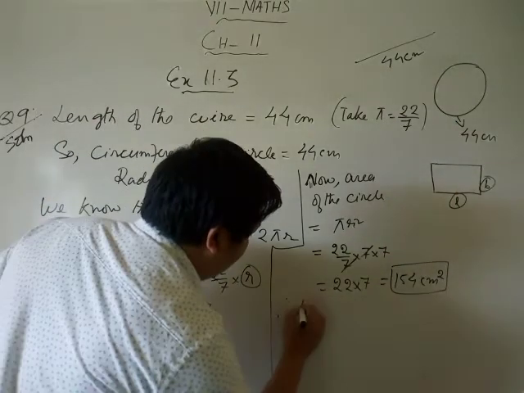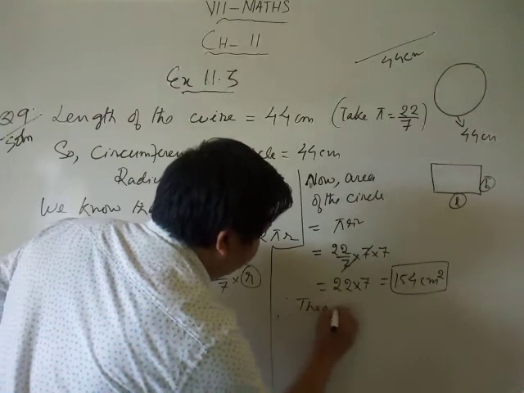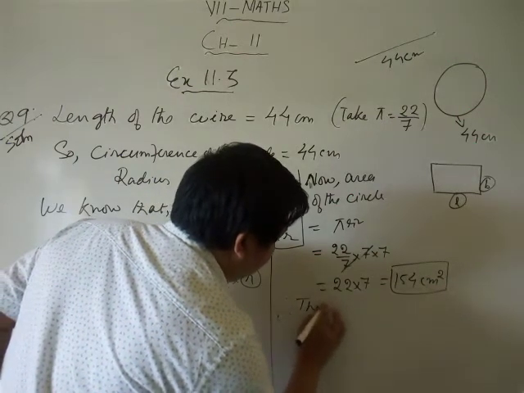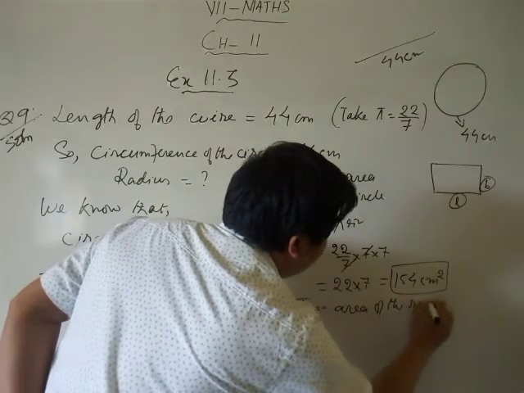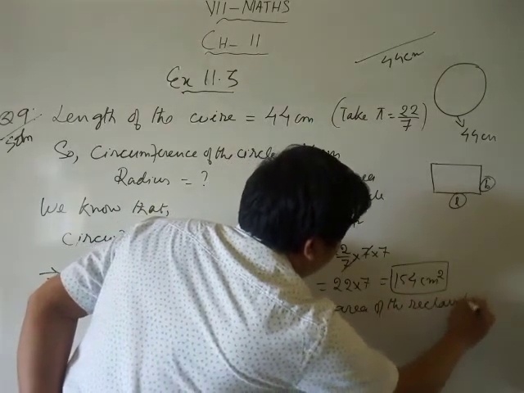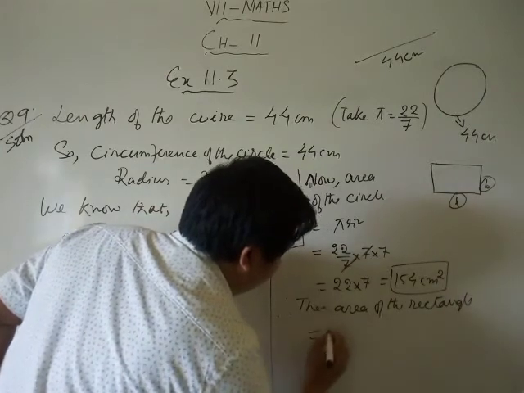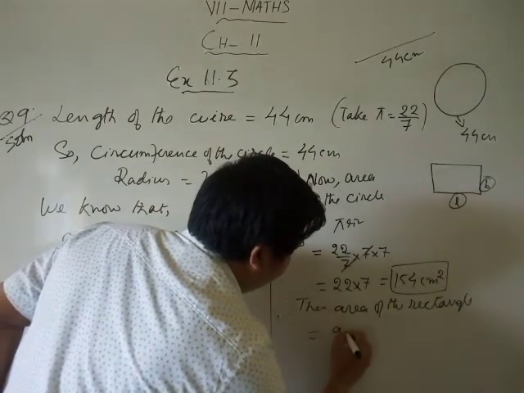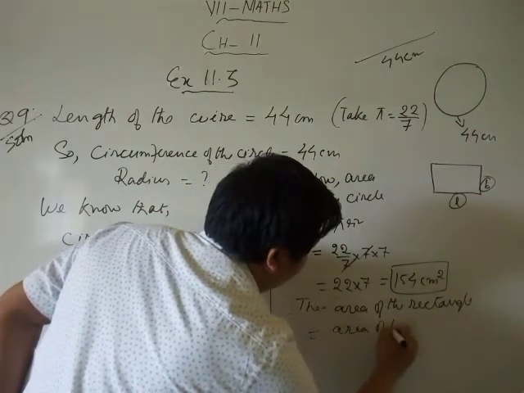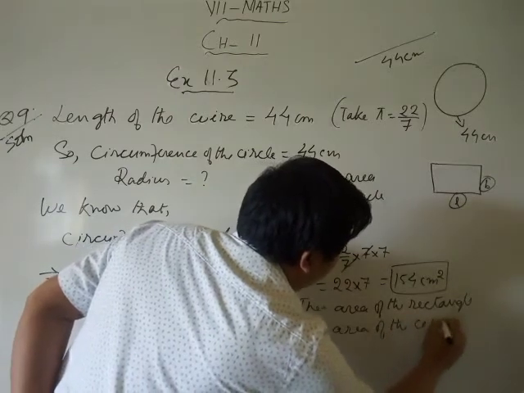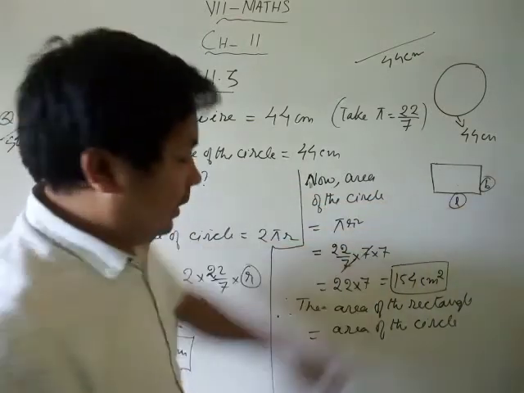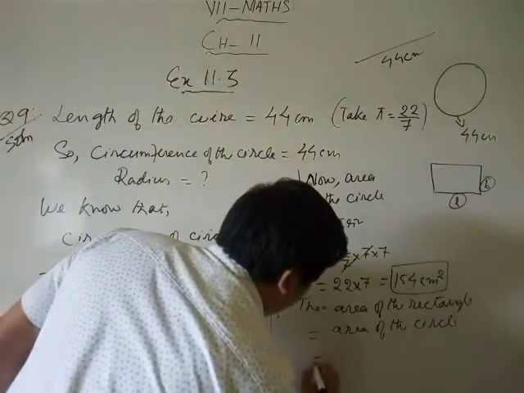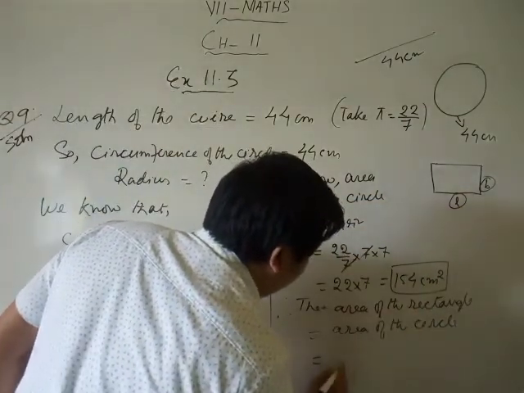Therefore, the area of the rectangle is equal to the area of the circle. Why? Because it is made by the same length of the wire, isn't it?